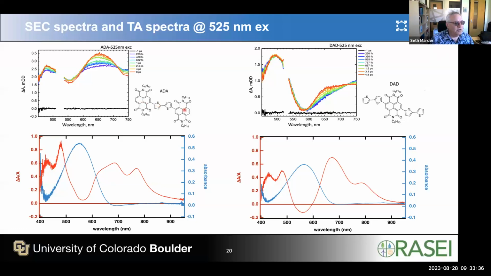Go on. You have a neutral NDI, but you don't have a neutral bithiophene. Right. So if what you're saying is correct, you have a cationic bithiophene and an acceptor.